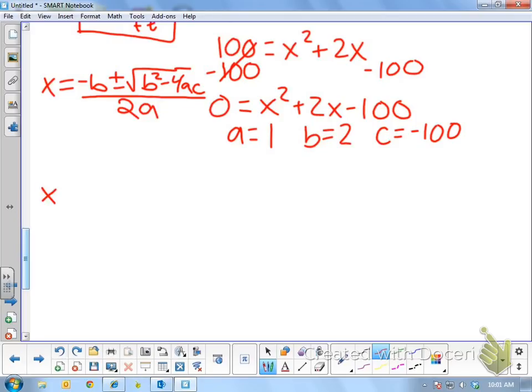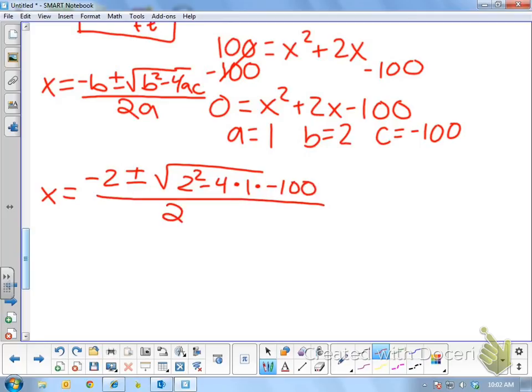So we get x equals negative 2 plus or minus square root of 2 squared minus 4 times 1 times negative 100 all over 2 times 1. I replaced B with 2, A with 1, and C with negative 100.